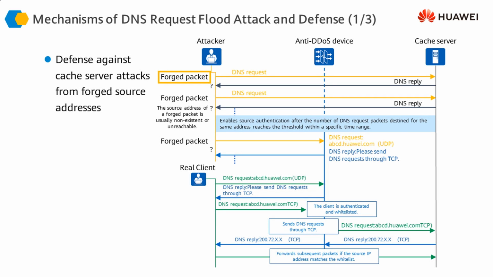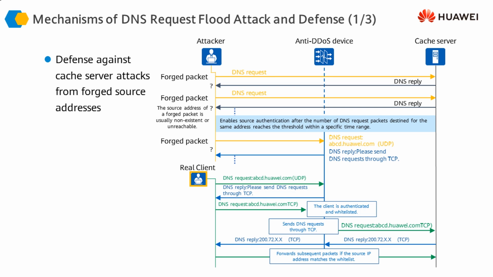In order to protect our network against this attack, if it's sending UDP requests, as is generally the case, we can request this client to send a TCP based request. If it's a forged source IP address that is being used, the firewall will not receive a TCP based DNS request, and the firewall will know that this request was coming from a forged IP address.